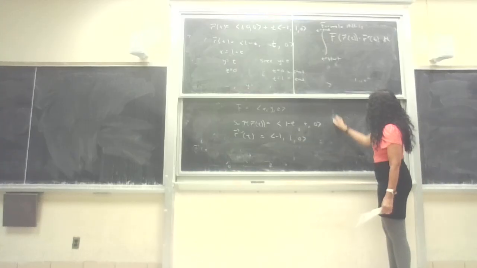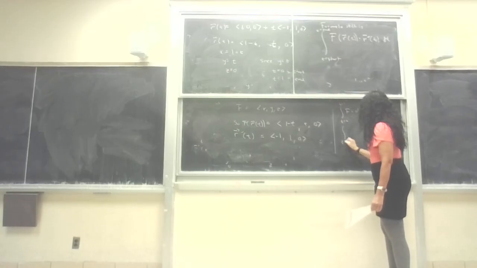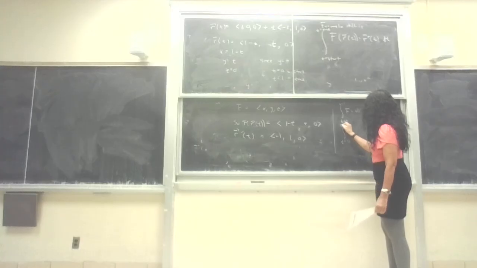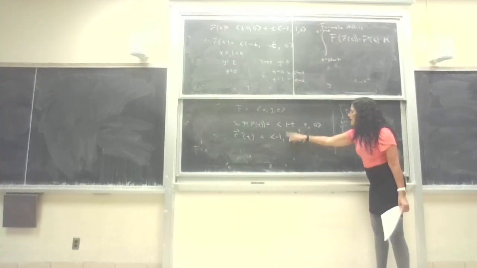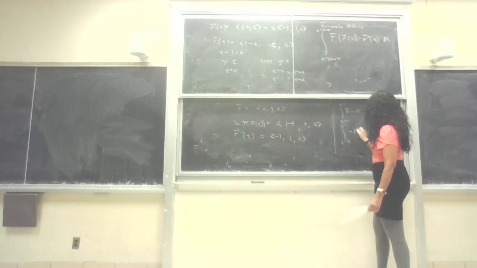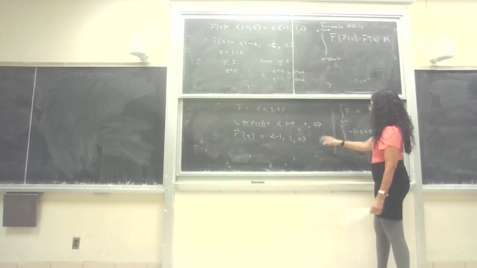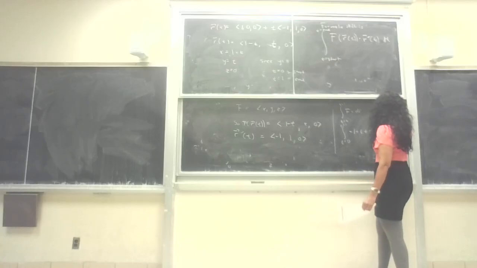So I made this super easy for myself. I'm not going to actually calculate the integral. It's actually super easy. Dot these two, so I get minus 1 plus t plus 0 dt.